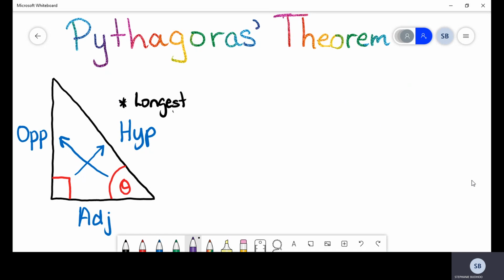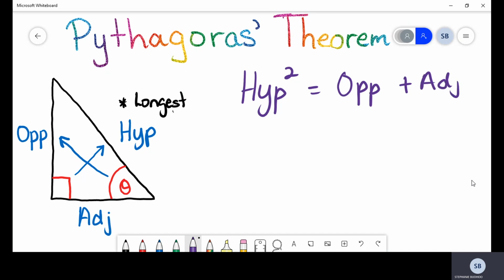Now, since the longest side of our triangle is the hypotenuse, I like to teach it by saying Pythagoras' theorem shows the relationship between the hypotenuse, opposite, and adjacent such that the hypotenuse, which is our longest side, squared, is equal to the sum of the other two sides, each squared.